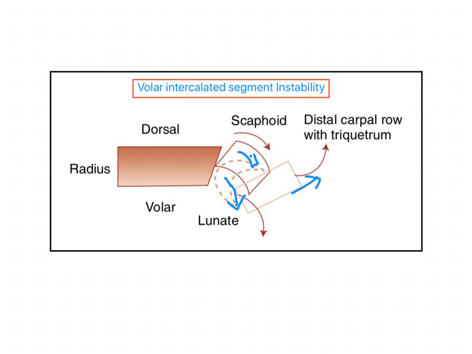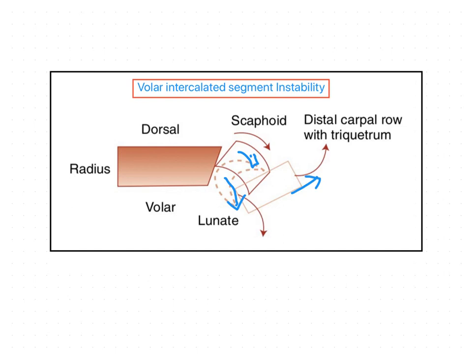So that means in this condition the lunate is also going to flex volarly along with the scaphoid. Such a condition is called volar intercalated segmental instability. Okay, this condition is not as common as dorsal intercalated segmental instability.